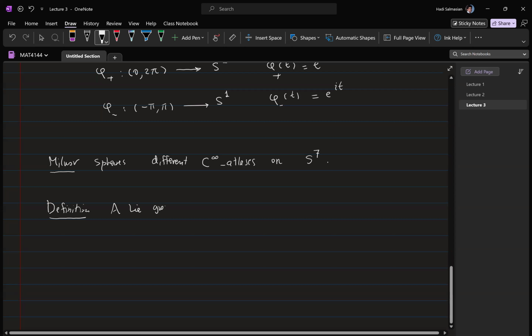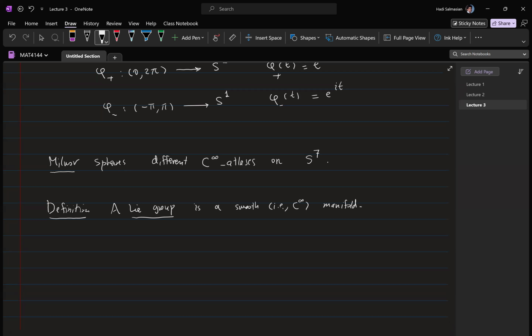So a Lie group is a smooth, and smooth means C infinity manifold. And when I say C infinity manifold, it means a manifold with a C infinity atlas. Okay.